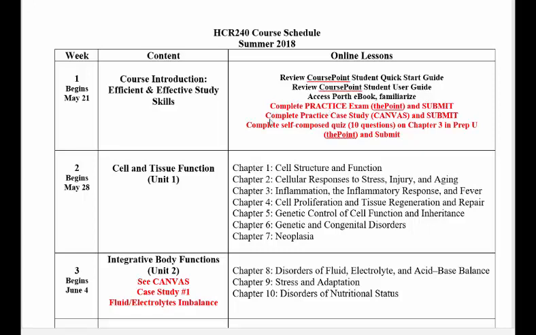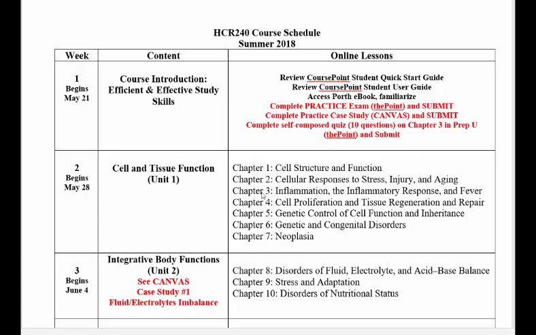There are 3 opportunities here. Each one of these red lines is an opportunity for you to complete this activity and earn 1 extra credit point. One is to complete a practice exam that I have posted within the CoursePoint for you. It's 10 questions, and it's on material actually found in Chapter 3.